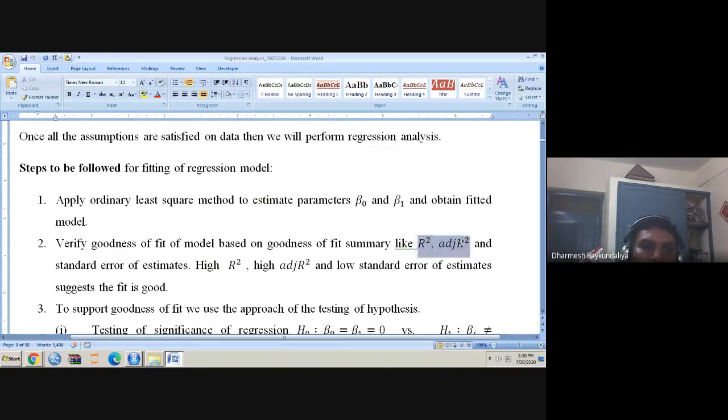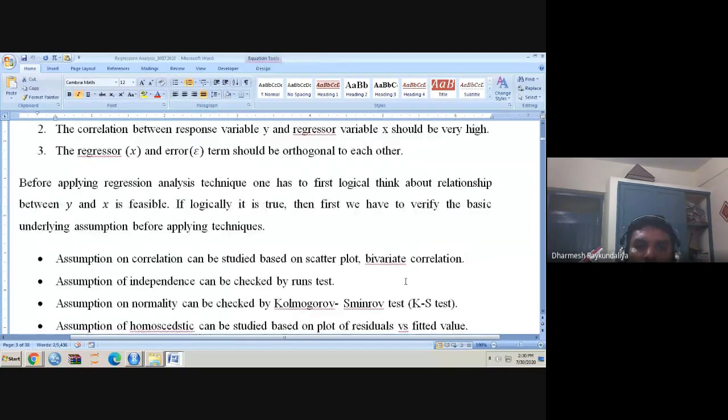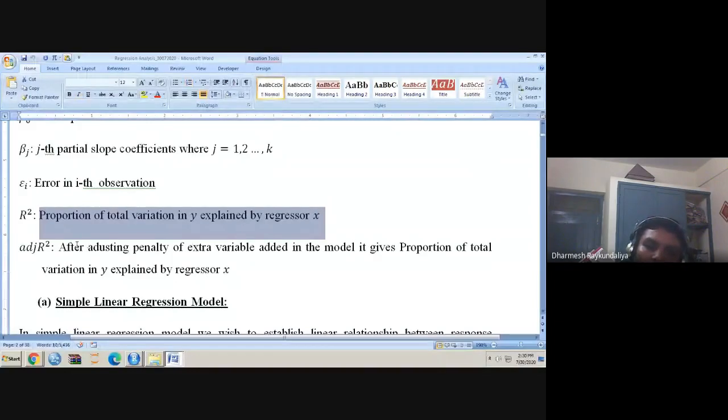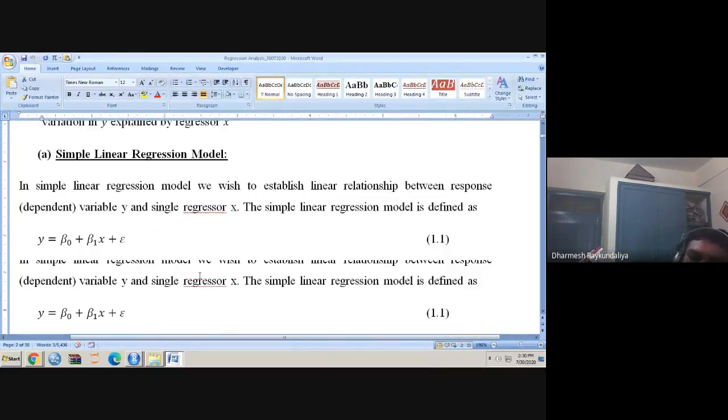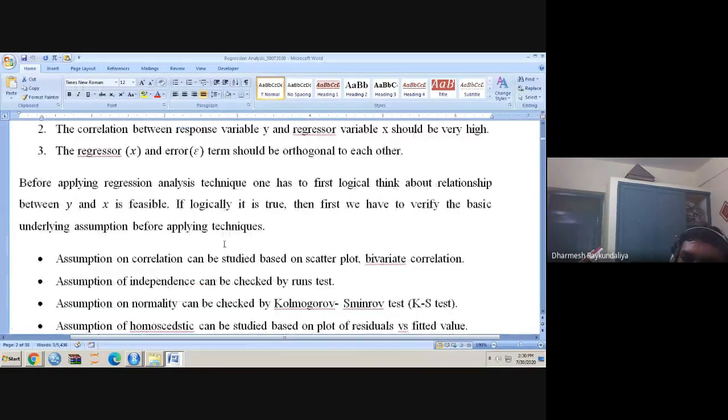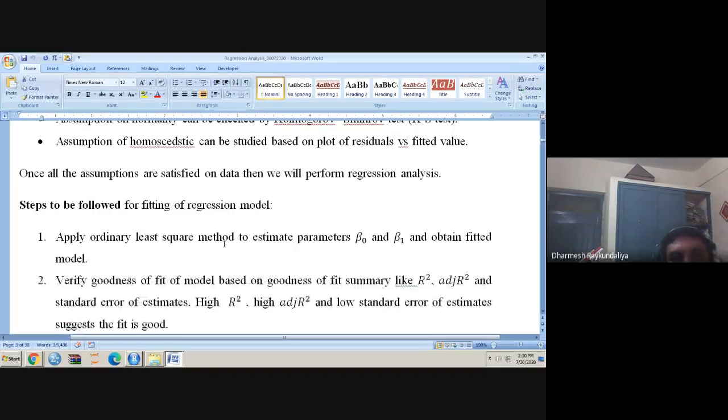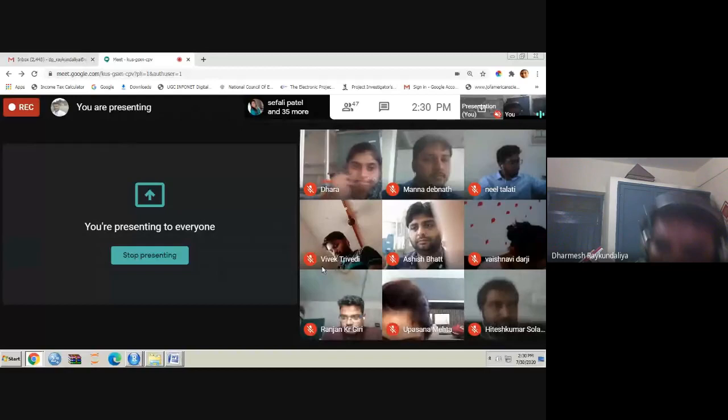R square is nothing but the proportion of the total variance of y explained by the regression on x. Adjusted R square is also the amount of the variation of y explained by the x, but by adjusting for the penalty of extra variables. So R square is said to be the coefficient of determination, square of the multiple correlation coefficient, or you can say the percentage of the total variance of y explained by the x.